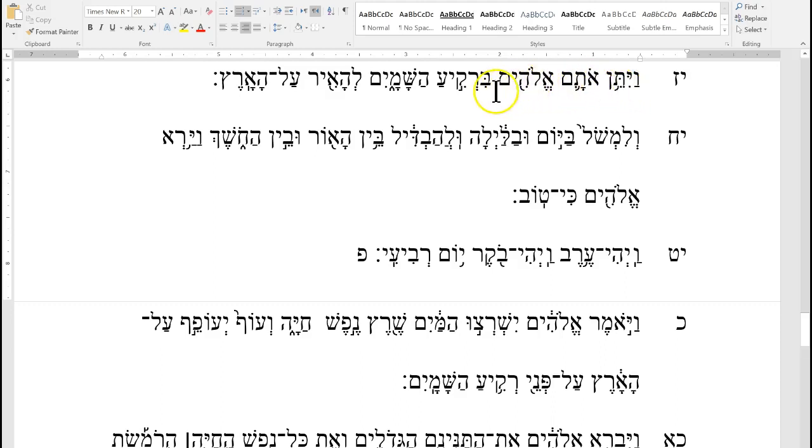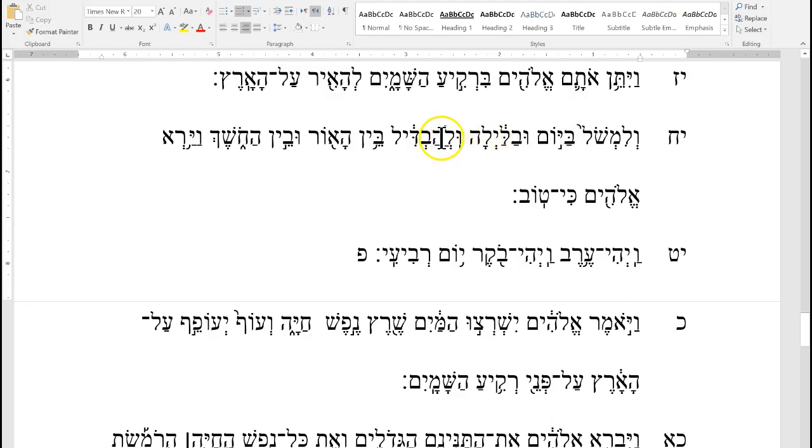So it seems like it's temple language to me. Elohim put them in the rakia of the heavens, la ha'ir, to shine, al ha'aretz, on the earth, ve limshol, and to mashal, to govern, bayom uvalayla, over the day and over the night.